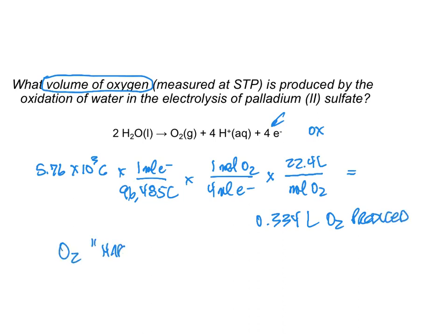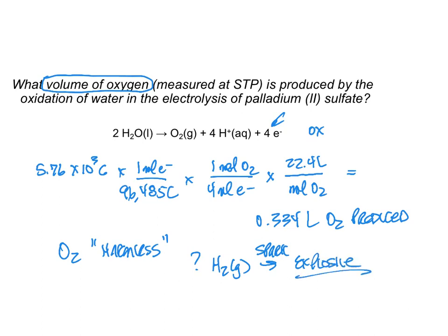Oxygen is harmless. What if we were producing hydrogen gas? Well, if there is a spark, that is explosive. So essentially, you've got to look at it on a case-by-case basis, but what we've shown here, you may be asked what volume of oxygen would be produced.